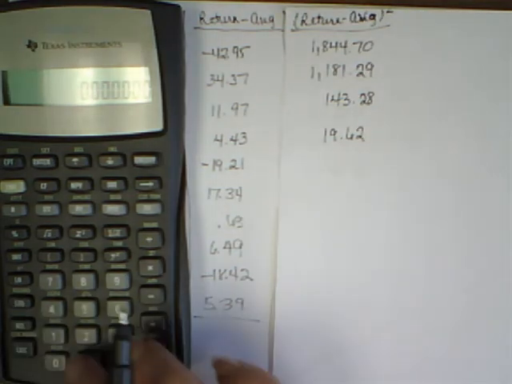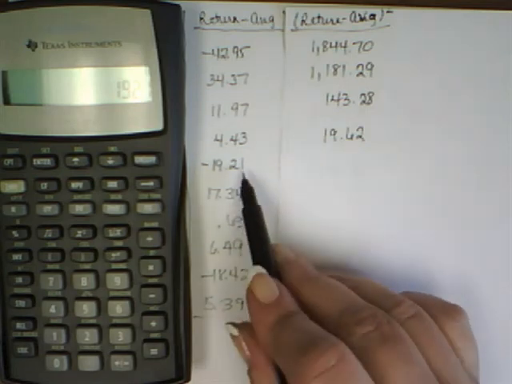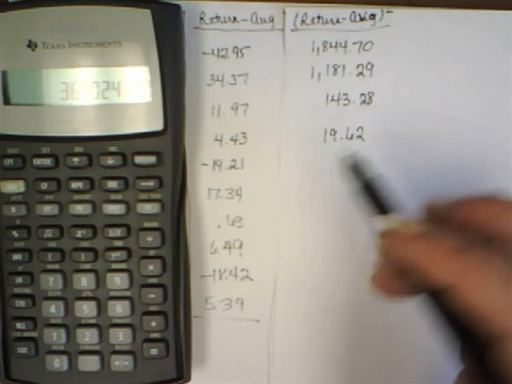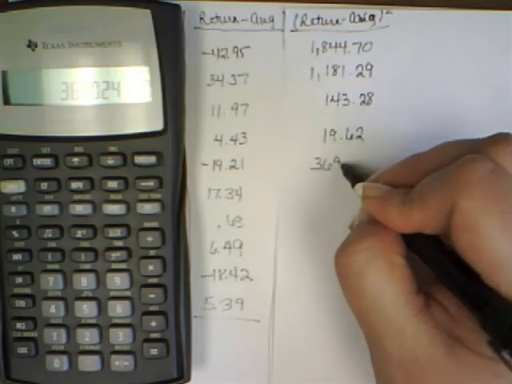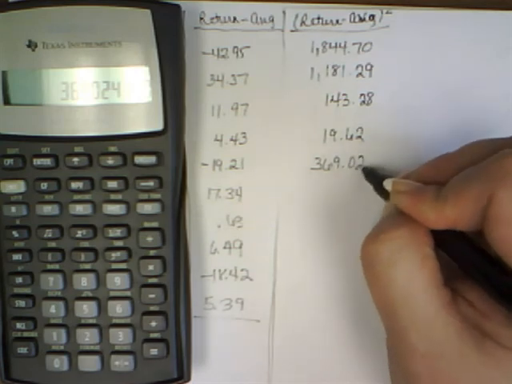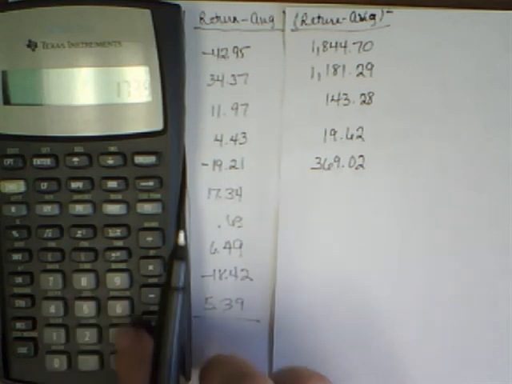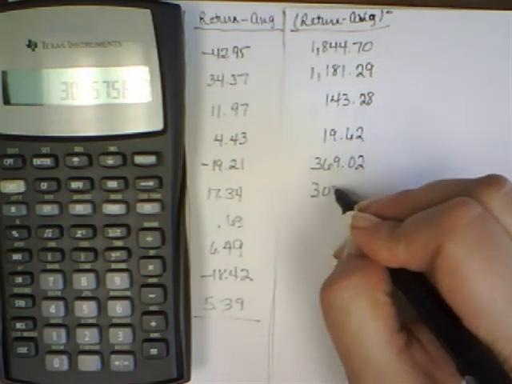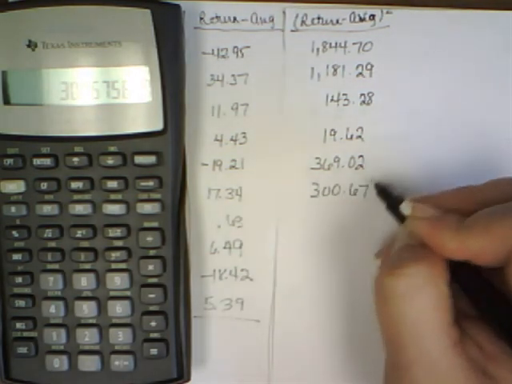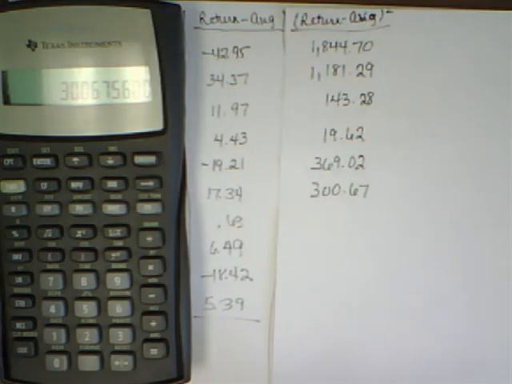Then we have 19.21, a negative number. We're going to square it to get rid of the negative number, and we end up with 369.02. We're going to square 17.34, which is 300.67. We had to bump that up to 68 since it's in the book.